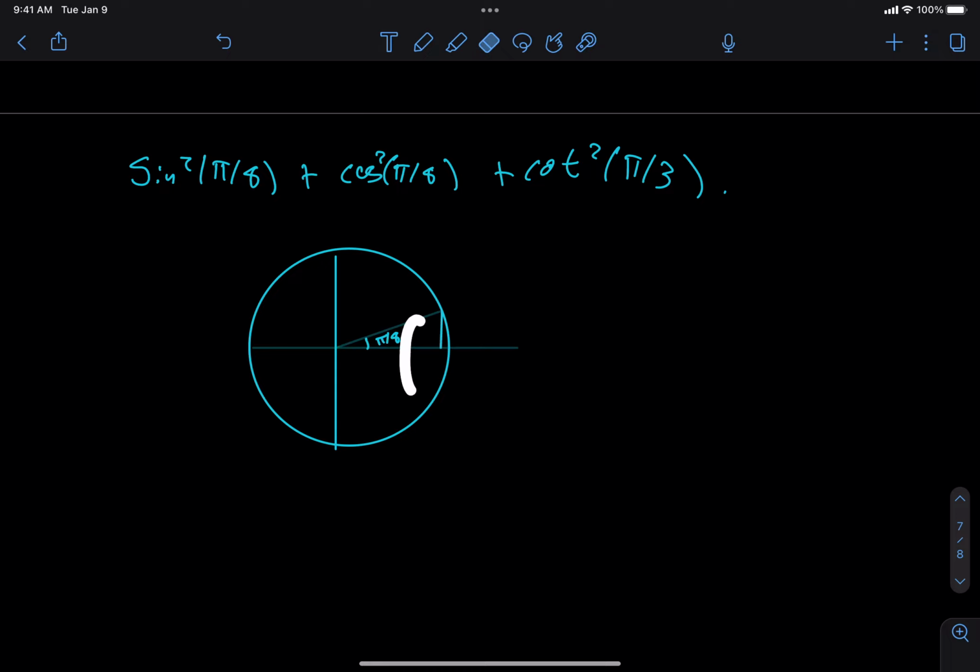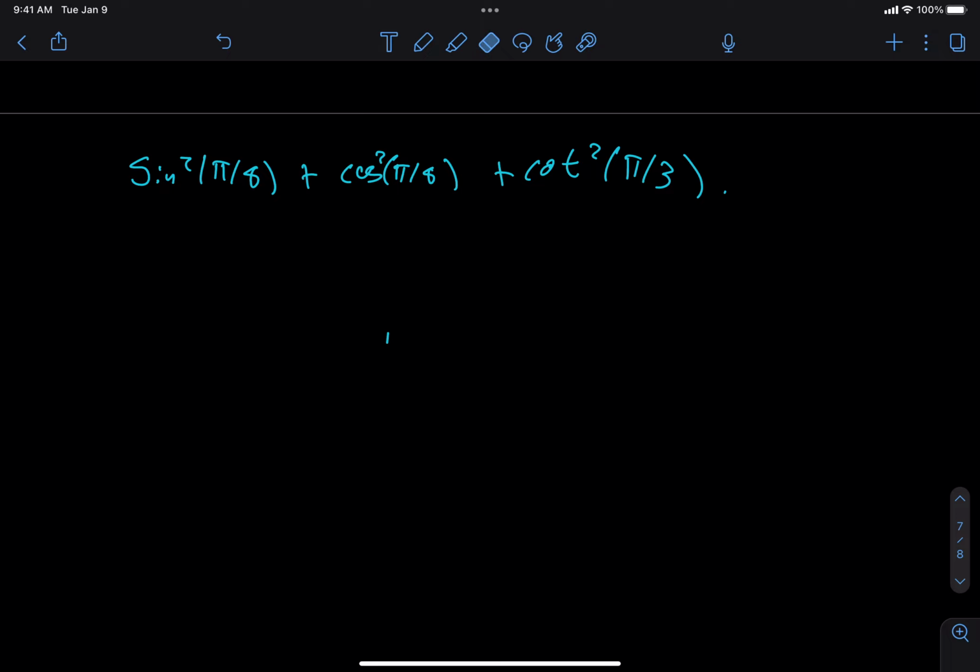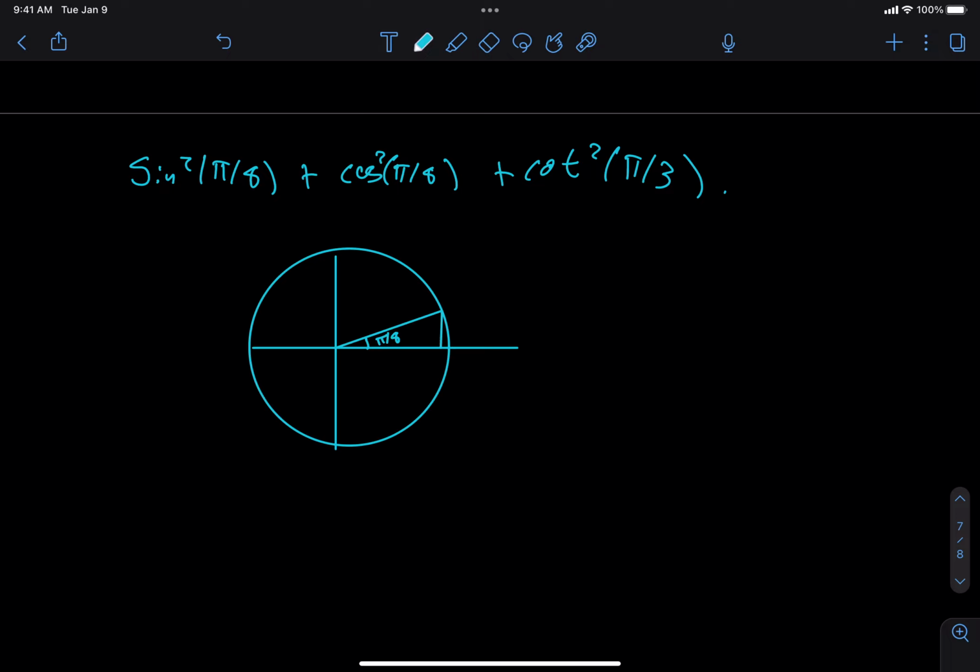But what we need to remember is the following. This point has coordinates. The x-coordinate is cosine of pi over 8, and the y-coordinate is sine of pi over 8.